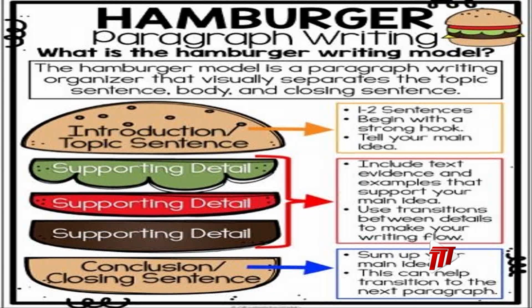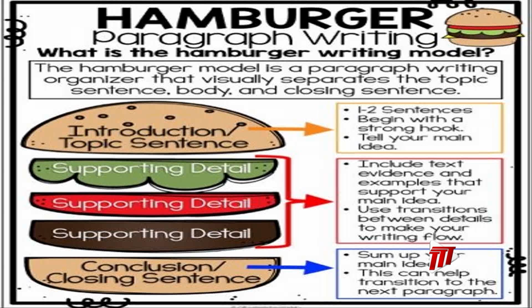So the hamburger model is a paragraph writing organizer, and you see how we organized our sentences, which visually separates the topic sentence, body, and the closing sentence. The top bun is the topic sentence, the main idea. Then we had the supporting details in the middle, and then the bottom bun was the concluding sentence or the closing sentence.